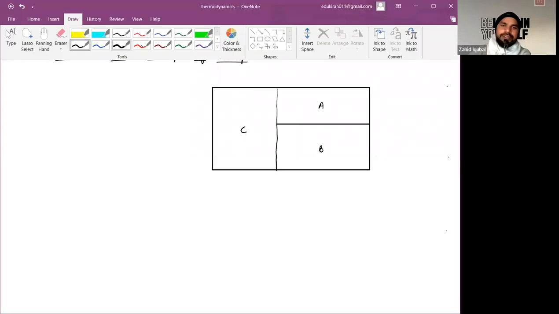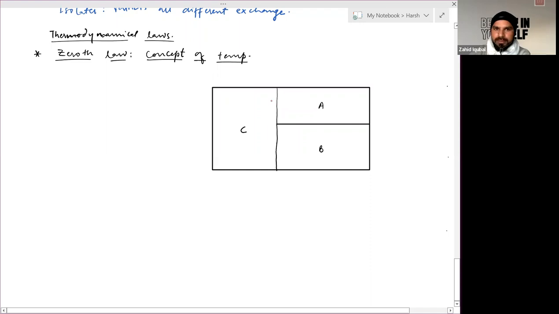So there will be exchange of heat between any two thermodynamical systems. Suppose between A and C, there will be flow of heat. Similarly, between B and C. Now let me define this particular wall. It is an adiabatic wall, which will restrict any exchange of heat through it.